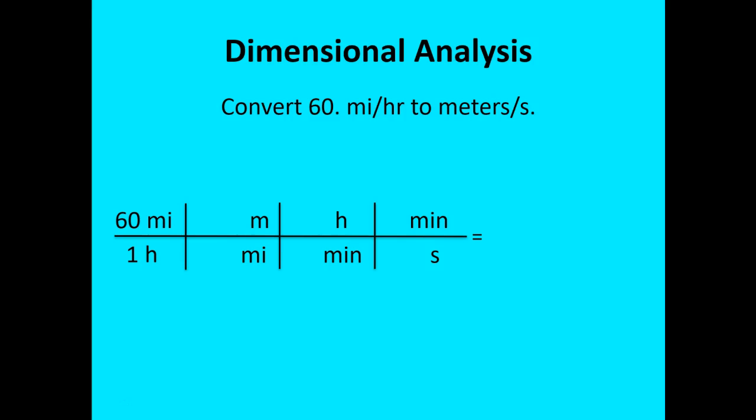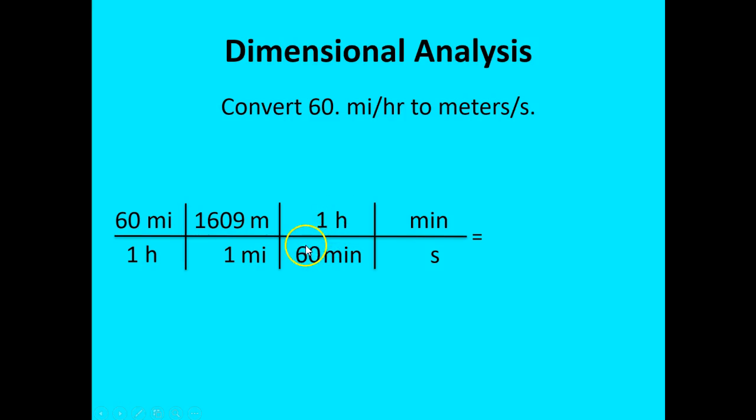They just kind of follow. So we just on the previous problem figured out that there are 1,609 meters per mile. Because our measurement only has 2 sig figs, and I forgot to put a decimal point there, the fact that our conversion factor has 4 sig figs here is plenty.